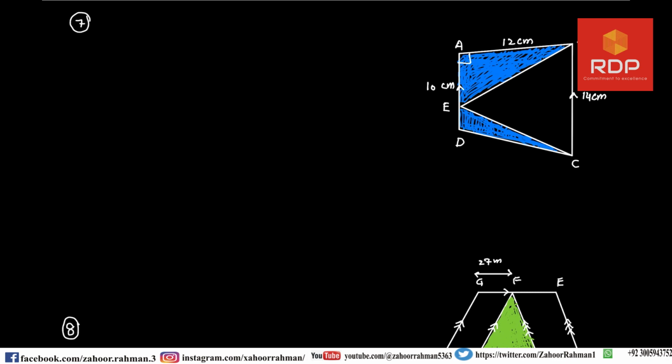Okay, next is question number 7, and question number 7 is the last question of these basic level questions. The figure shows a trapezium labeled as ABCD, where AB is perpendicular to AD. You can see that, and AB is equal to 12 centimeter.